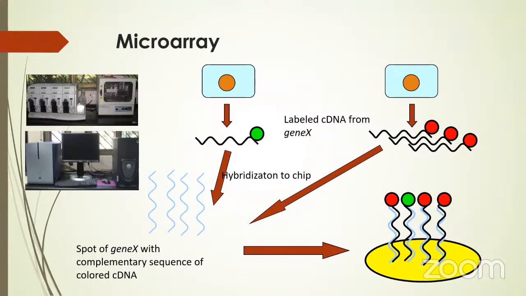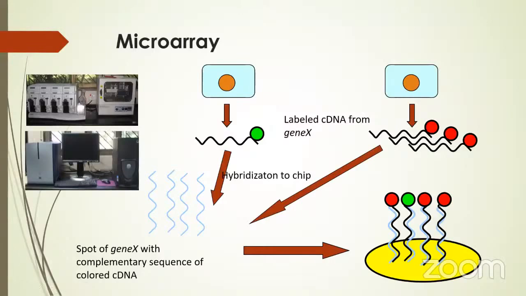EST, as I told, is a part of cDNA. These represent a gene, and they are placed on a platform, where each spot represents a particular cDNA or gene.